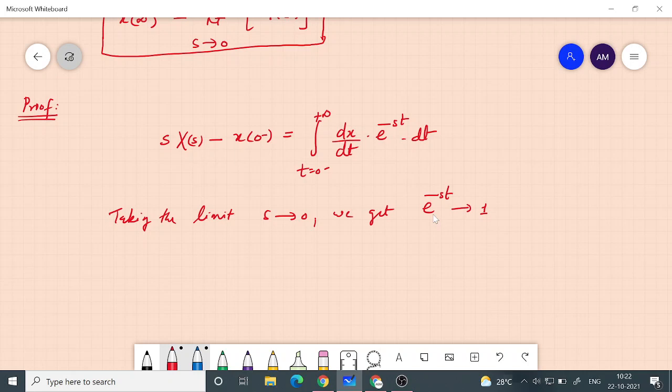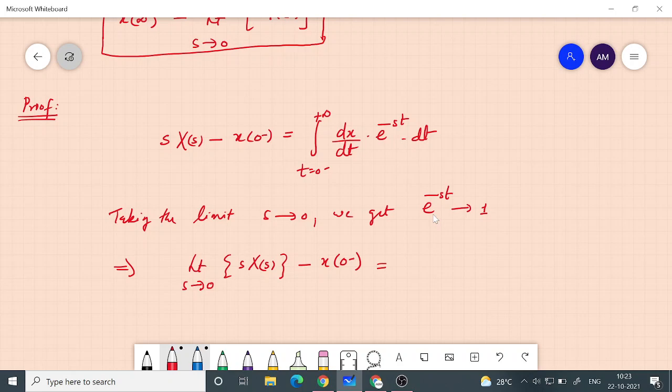So which means, on the left, there is now a limit. Let me write the limit s tends to 0, s into x of s, and the limit will not do anything to x of 0 minus, because there is no s in it.